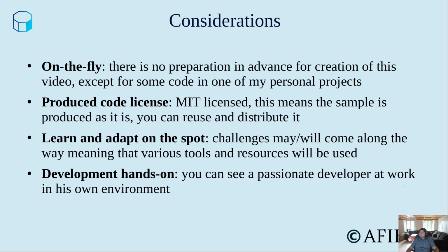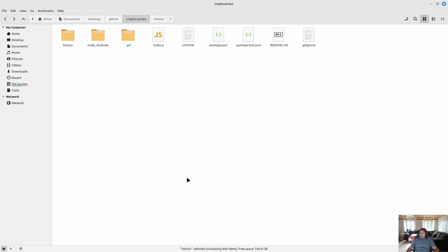Okay, so let's start. We remember last time we had this crypto prices repository, which is also on GitLab, and it contains a simple index.js file with a license file and the package JSON, readme, gitignore, package lock, which is a very basic structure in a Node.js application.